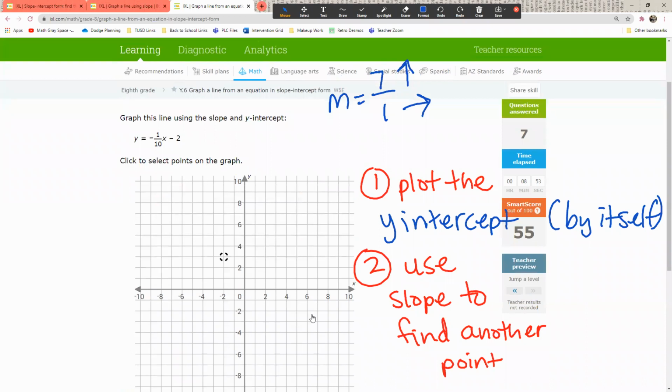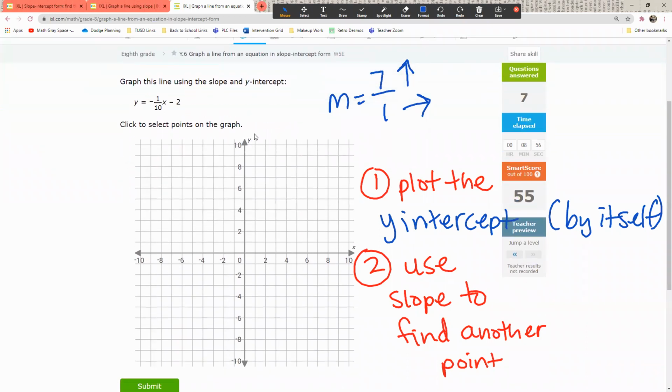Ooh, so this one starts at -2. So now we're doing quadrant, but I'm still paying attention to just my y-axis. So this number at the back is going to get put here. So I'm going to go down to -2 and mark it. Hopefully that makes sense. And then my slope for this one is -1/10.